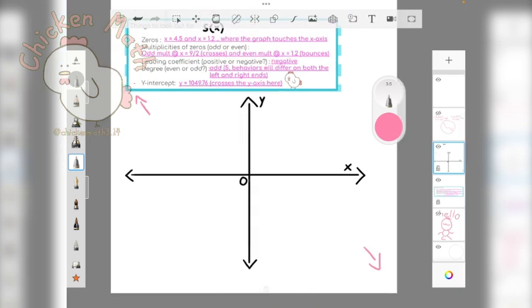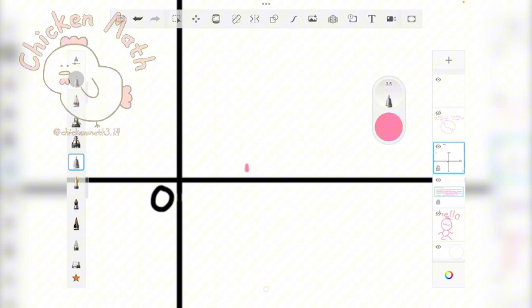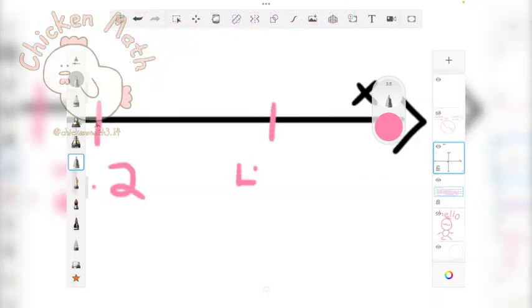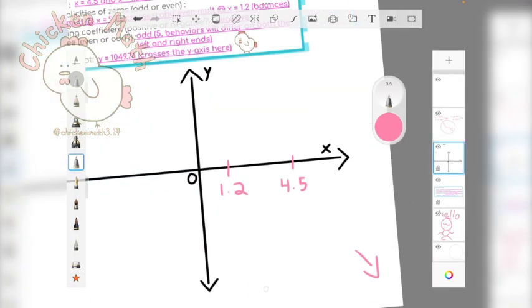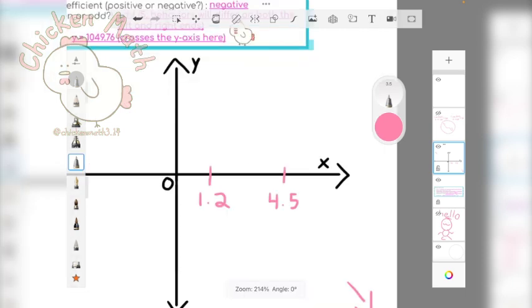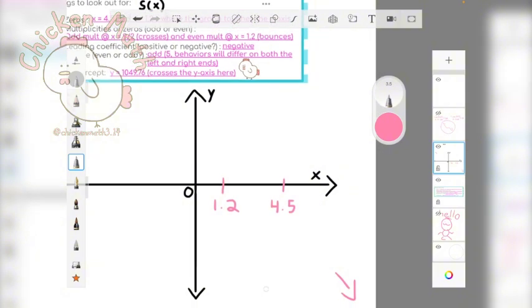All right. Now we want to look at our zeros, the points in which our graph will touch the x-axis. So 4.5 and 1.2. Again, this isn't really to scale. Alrighty, and whether our graph crosses or bounces depends on our multiplicities. Now at 4.5, we have an odd multiplicity, so we're going to be crossing, and at 1.2, we have an even multiplicity, so we're going to be bouncing.